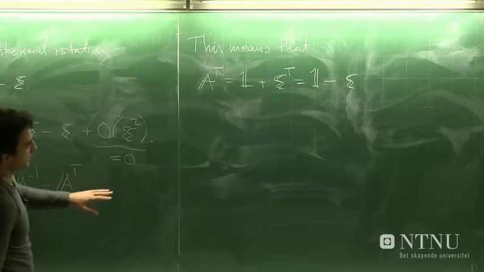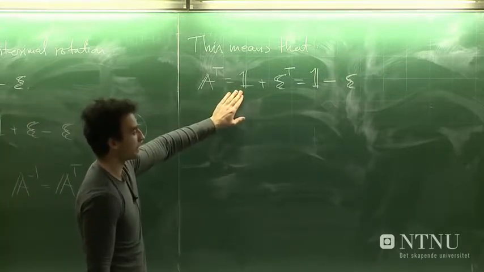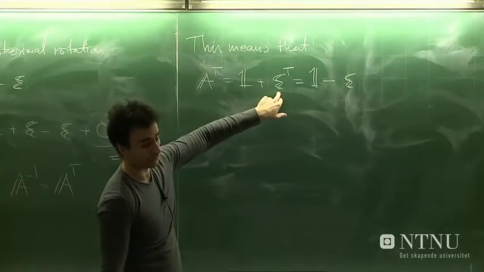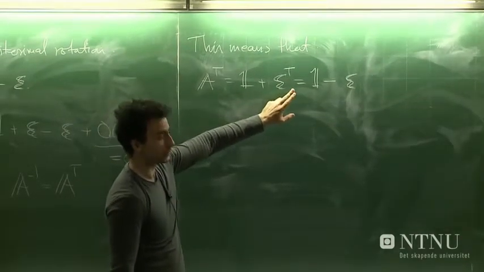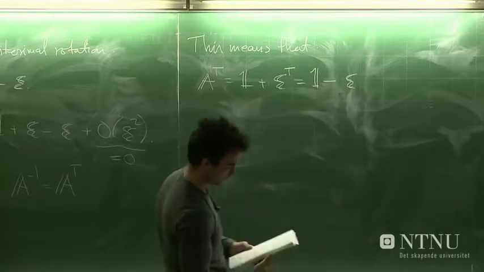Well, the transpose of A is just 1 transposed, which is equal to 1, the identity matrix, plus the transpose of the epsilon matrix. And this should be equal to the inverse of A, which is 1 minus epsilon.